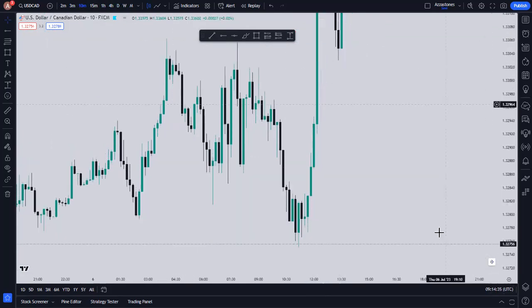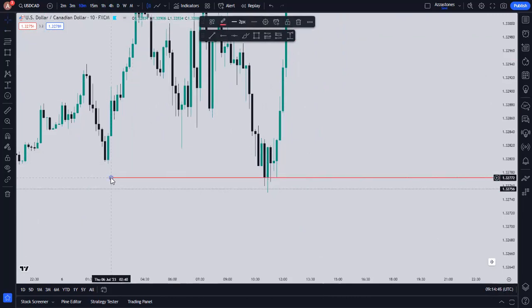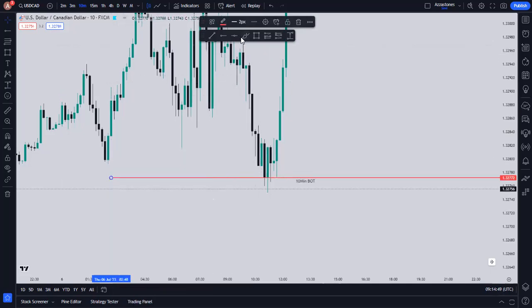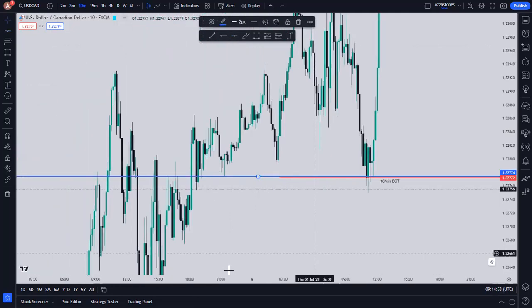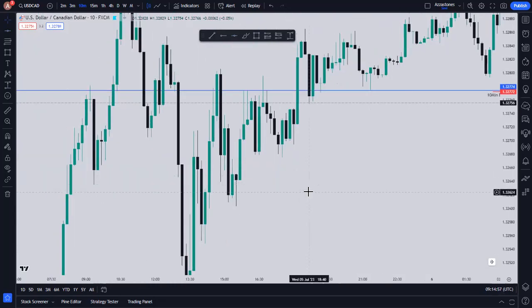But good enough, you see that our break of trend is just down here. This was our 10 minutes break of trend. Is that enough? No, that is not enough. So what to do? You just have to come lower to find the 10 minutes break of structure, stuff like that.